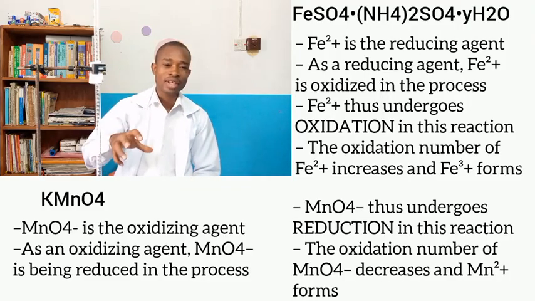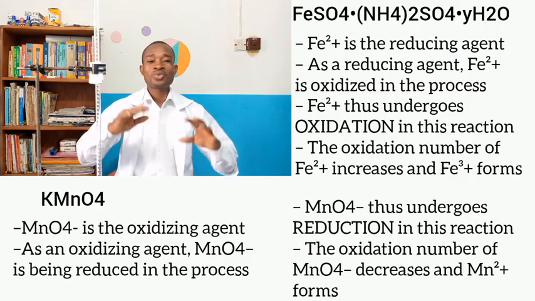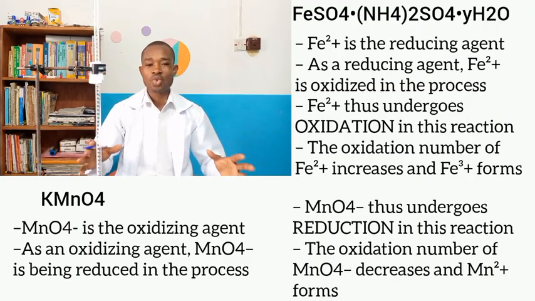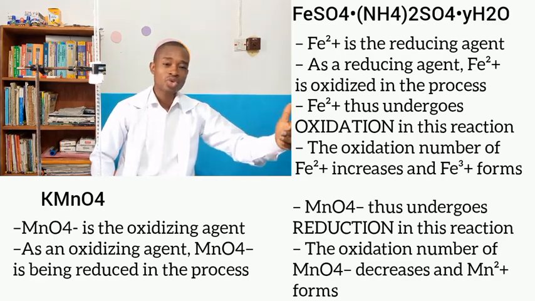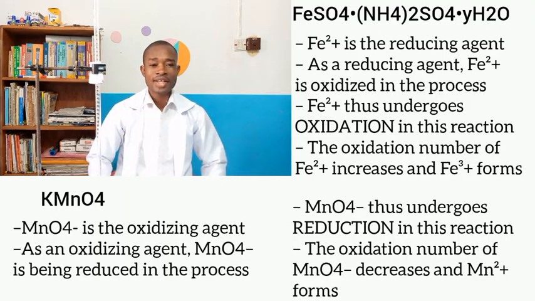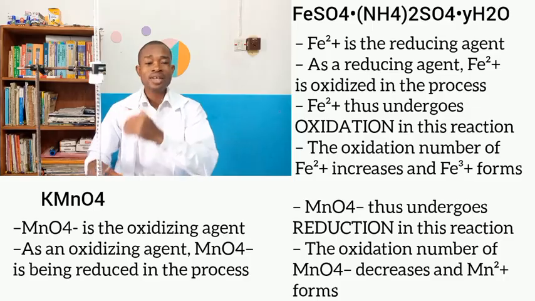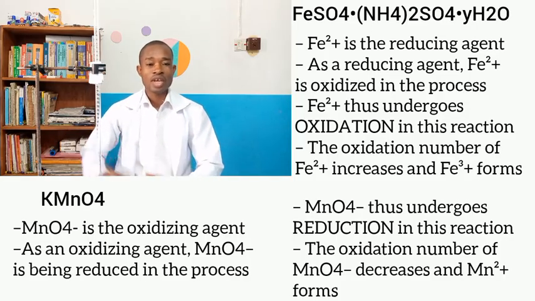So what is happening to the potassium manganate 7 is a reduction reaction. So we are going to write the half-cell reaction equation for these two. For iron 2 ion, which will be oxidized to iron 3 ion, and then we're going to write the half-cell reaction for potassium manganate 7, which will be reduced from manganate 7 to manganese 2 ions.